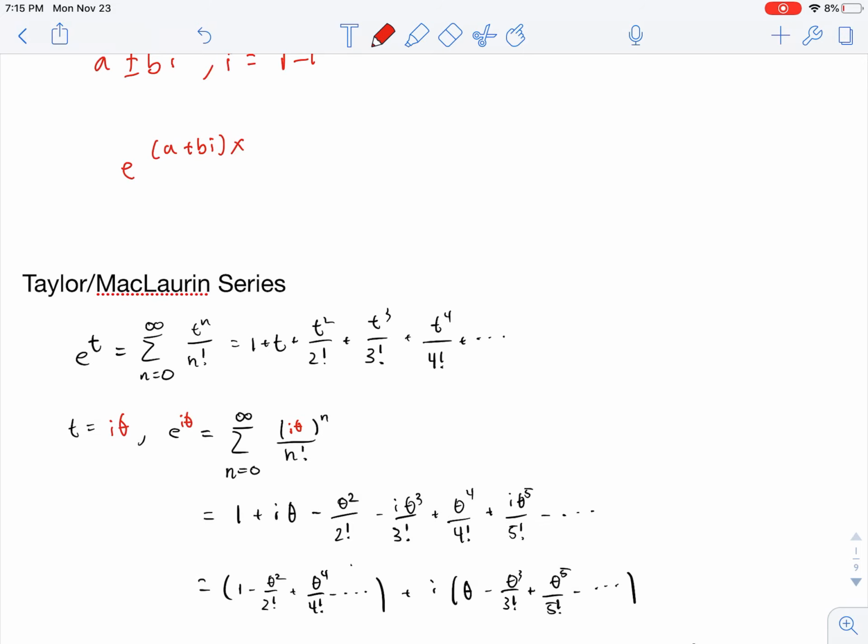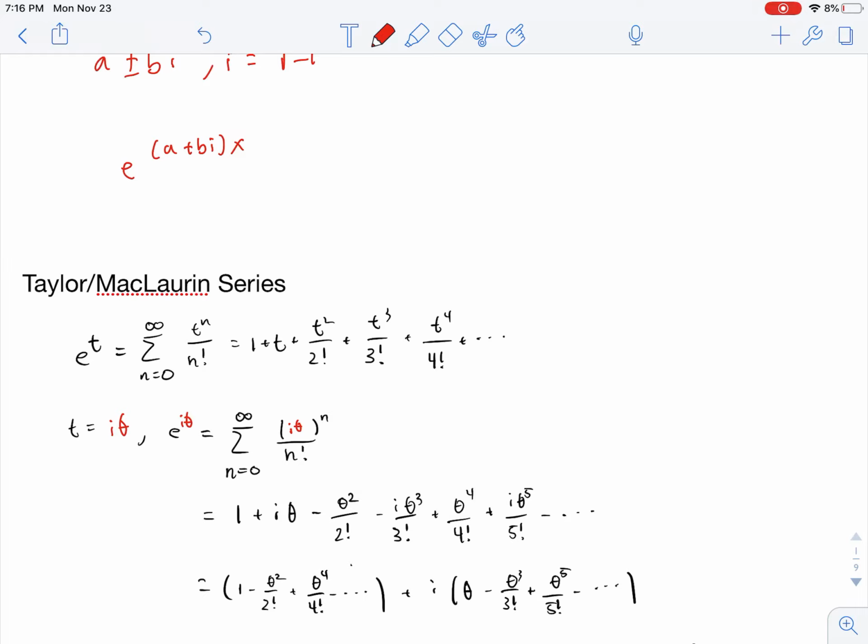That's going to be 1 minus theta squared over 2 factorial plus theta to the 4 over 4 factorial, continuing along, plus i times the quantity theta minus theta cubed over 3 factorial plus theta to the 5th over 5 factorial, continuing.